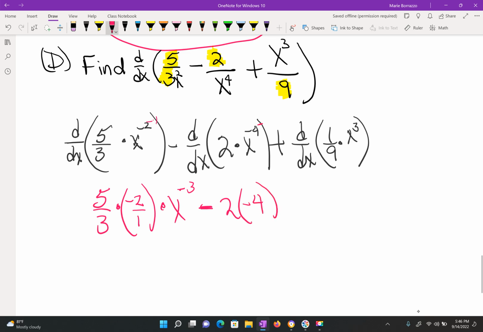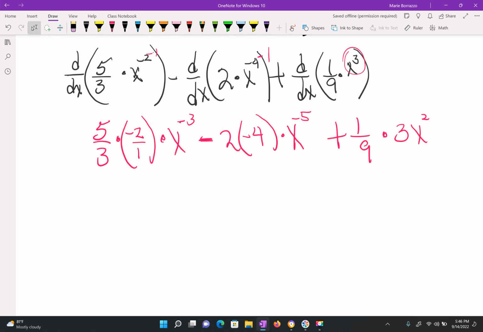I'm going to take away 1, so this becomes times x to the -5, plus the 1/9 times, and again, remember this is times x to the third, which I'm differentiating to be 3x squared. You already know how to do that.